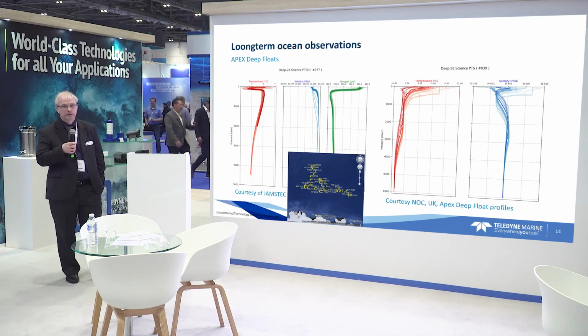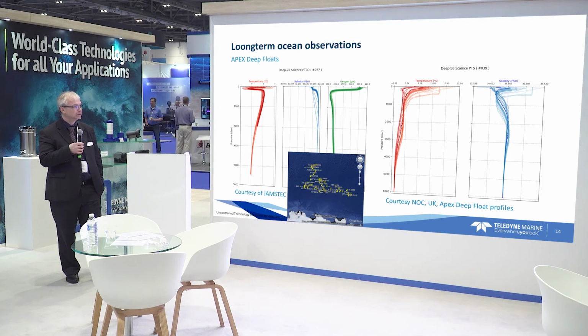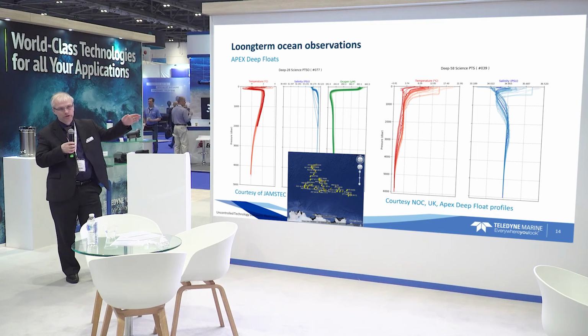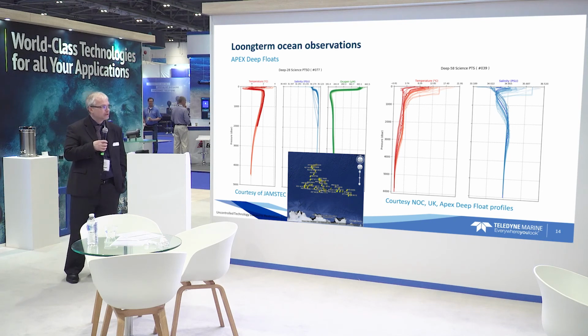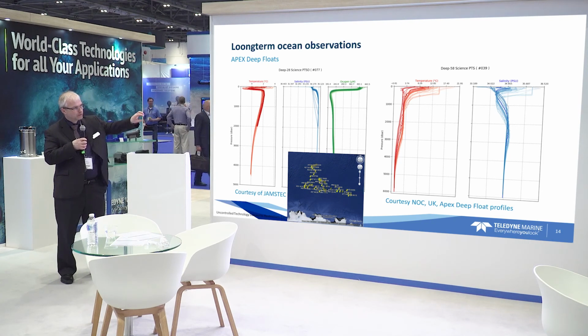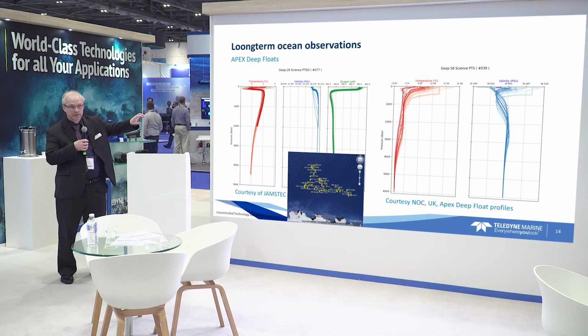These floats, the APEX deep floats, are actually deployed normally in multiple numbers, and then the different profiles they collect are usually plotted over time in these kind of plots. Here we see temperature, salinity, and oxygen, or temperature and salinity, and then while they are free floating with the ocean currents, they basically map the situation of the physical oceanography in the whole area.